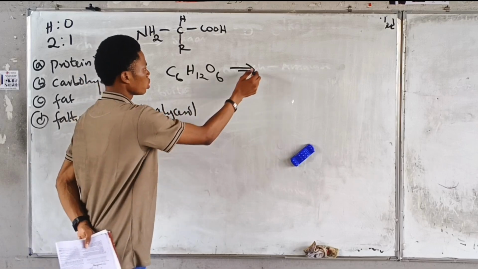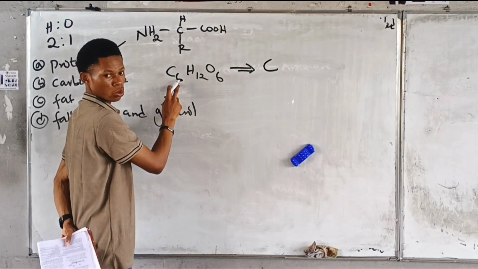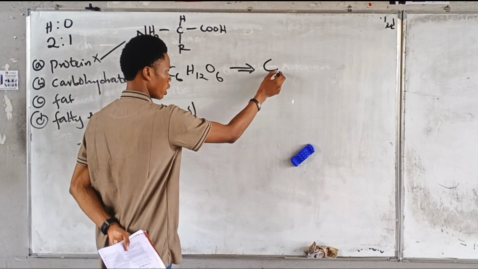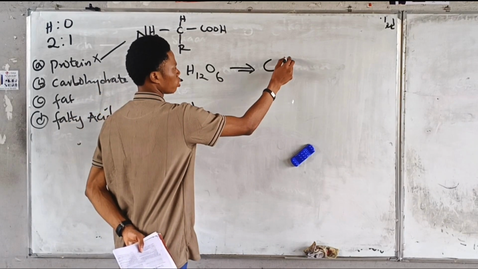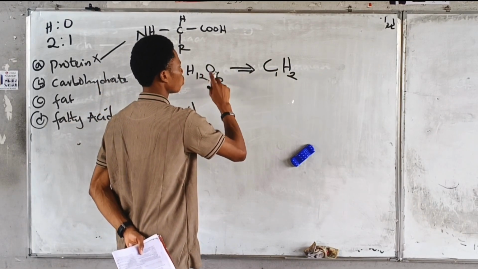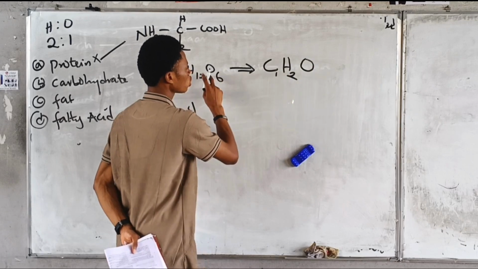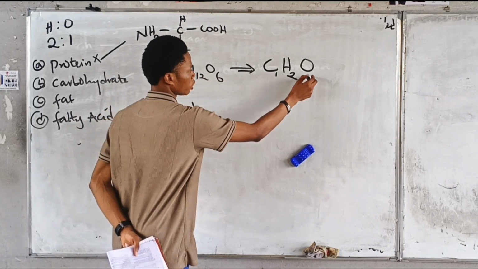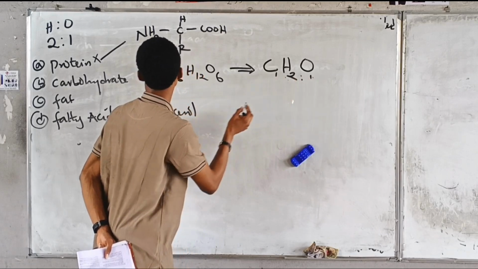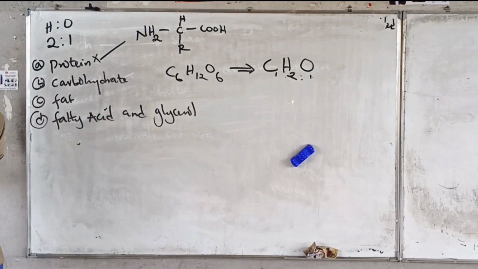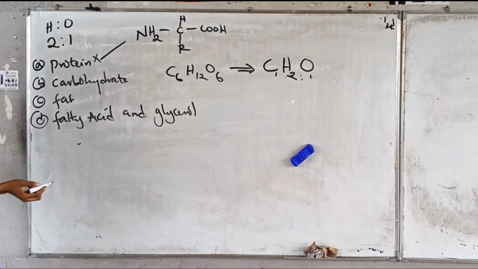So if 6 goes into 6, what would we have? 1, right? Let me just write the 1, but you're not supposed to write 1. If 6 goes into 12, how many times? 2 times. 6 goes into 6, how many times? Now, what's the ratio of hydrogen to oxygen here? 2:1. So what's the answer to this question?